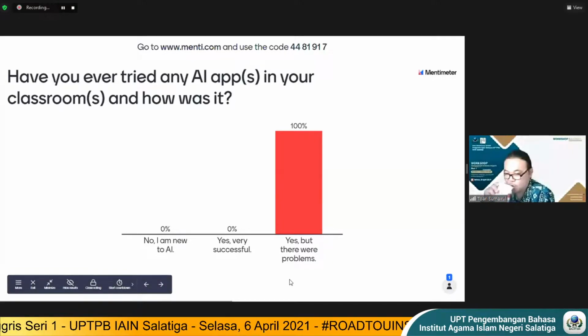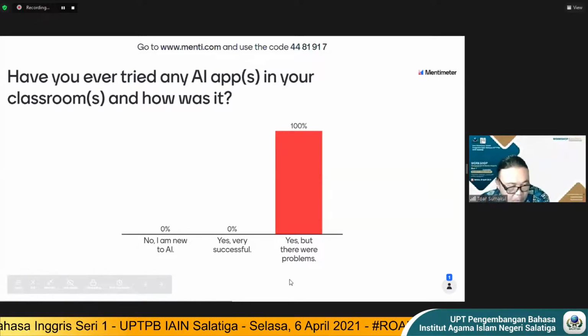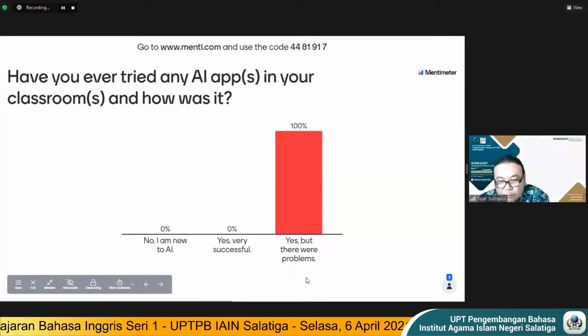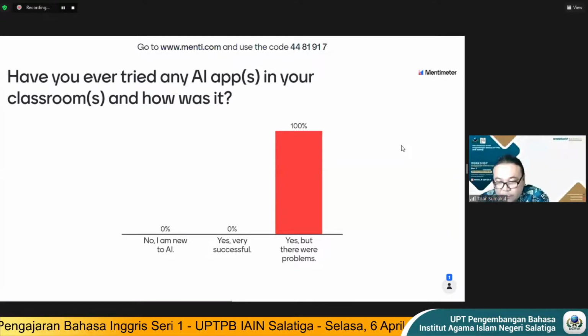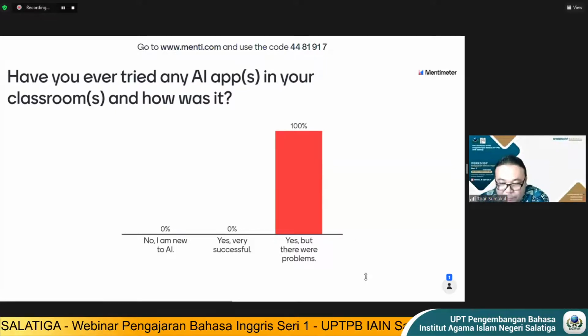Have you ever tried any AI apps? If you are new, you just choose no, I'm new to AI.